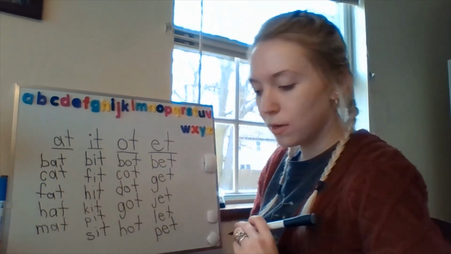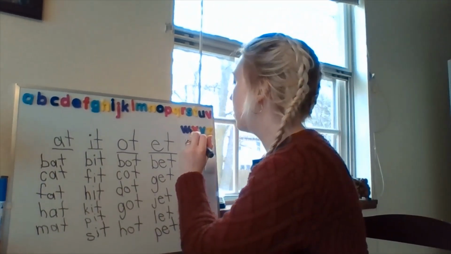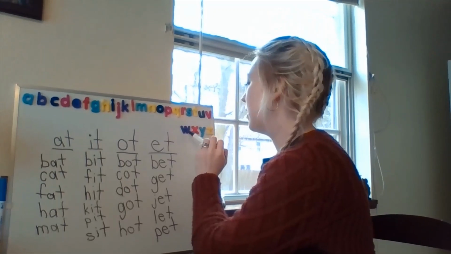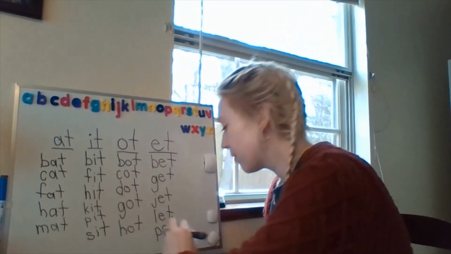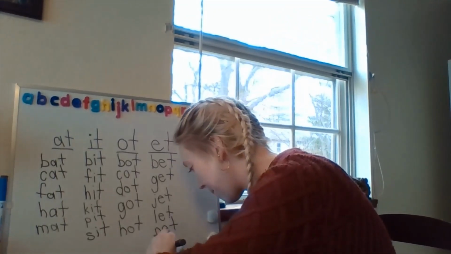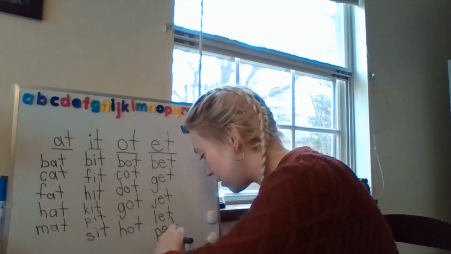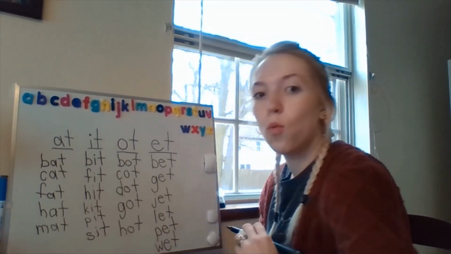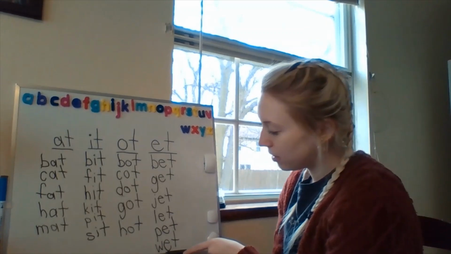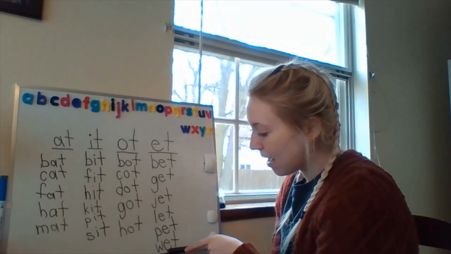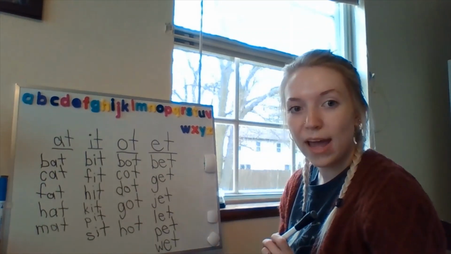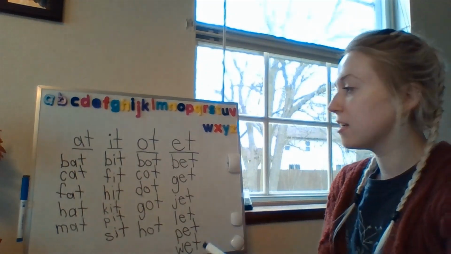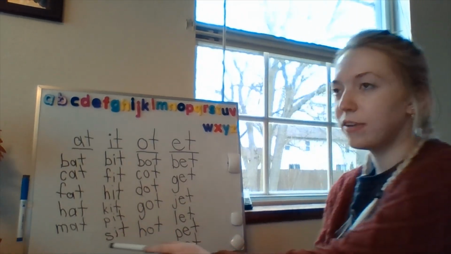One more. I have one. What about this letter? W. Can we add a W? Remember, W makes the W sound. So let's sound out this word. W. Wet.